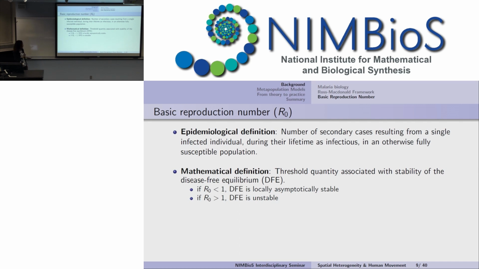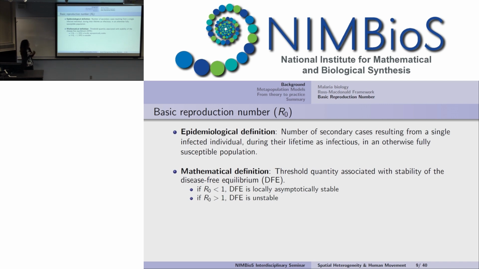One of the things that we can derive from this simple model is the basic reproduction number. This is a concept that most of you in the audience are probably already familiar with, but it's the number of secondary cases resulting from a single infected individual in an otherwise fully susceptible population during their time infected.